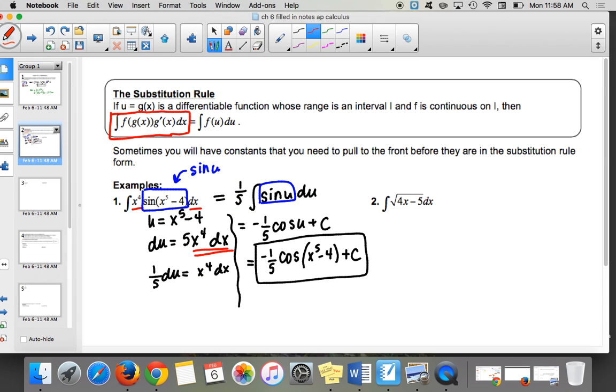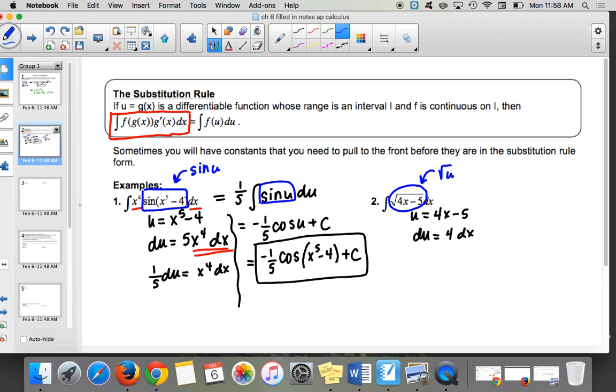All right, so let's try the next one. So think about what your u is, try to find your du, and so on. Take you with me. So we're going to let u be 4x minus 5, and then du is going to be 4 dx. So look at your original integral. Think about what we're replacing. So this square root part is going to be replaced by the square root of u. The only thing that's left is dx.